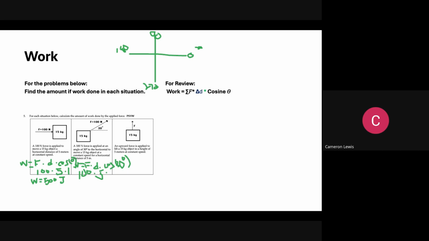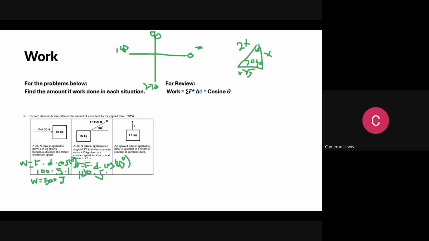Now remember this triangle we had, 30, 60, 90, from our vectors unit. We have 2x here, then x, and across there x root 3. So across from 30 is the x.